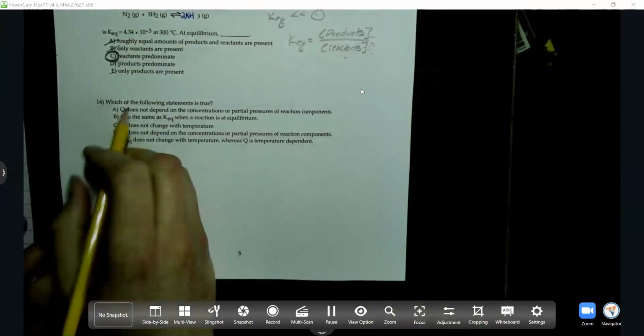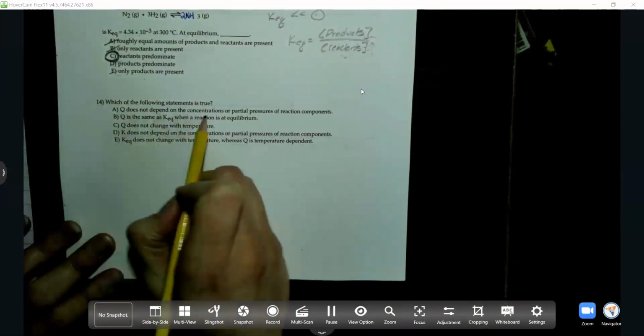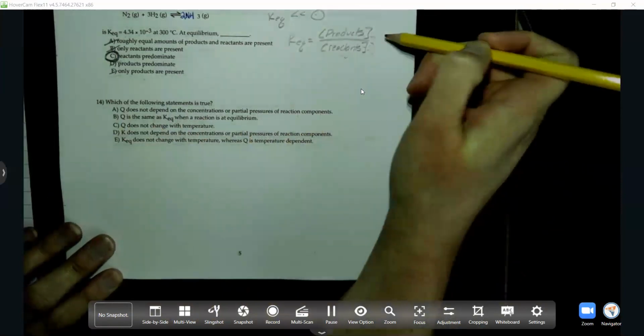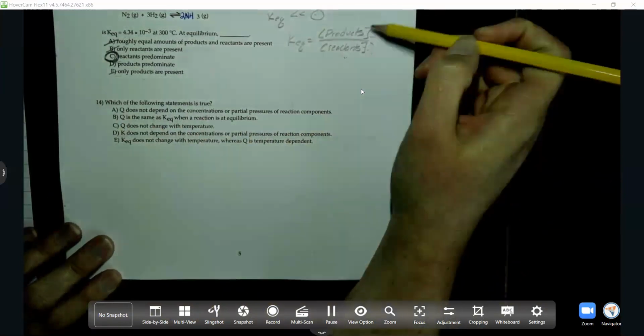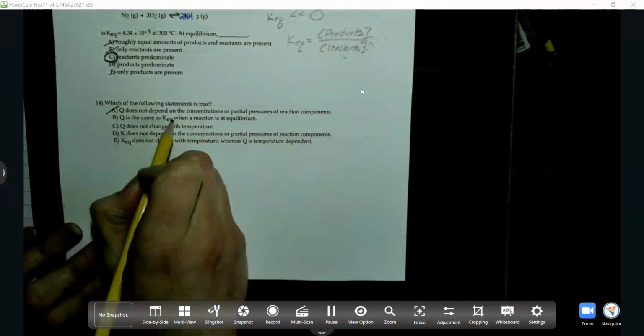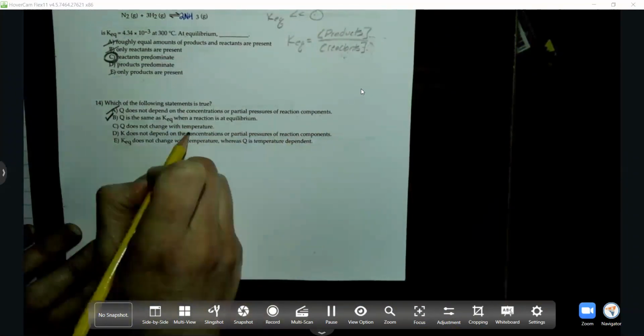So let's look at our answers. Which of the following is true? Q does not depend on the concentrations or partial pressures of reacting components. Since it's written the same as KEQ, and it definitely depends on concentrations, this is not true. Q is the same as KEQ when a reaction is at equilibrium. Yep, that's definitely true. Q does not change with temperature.